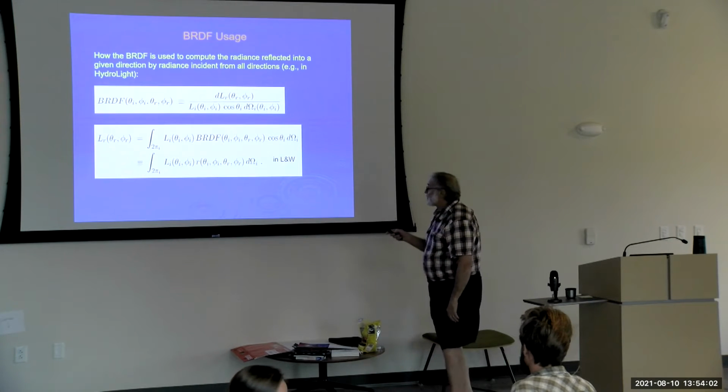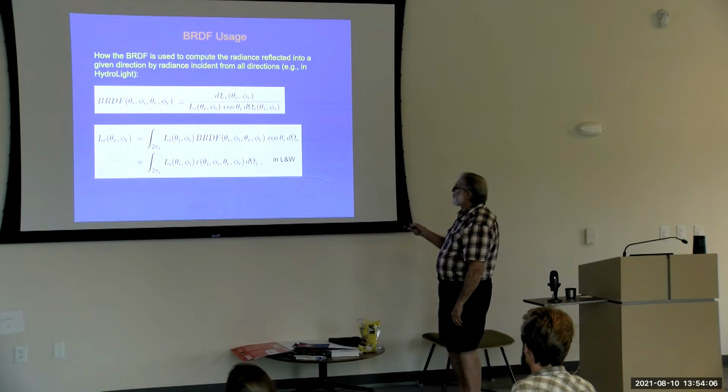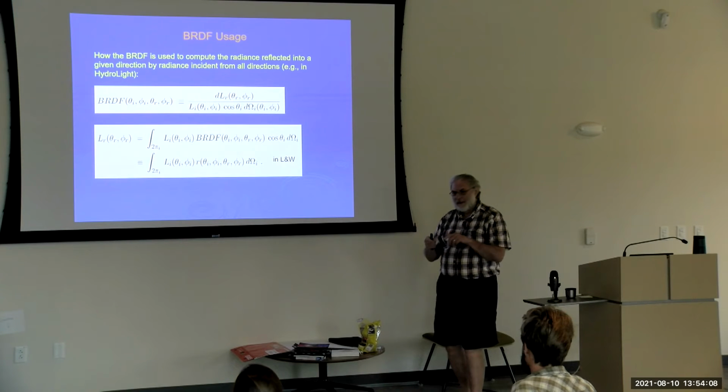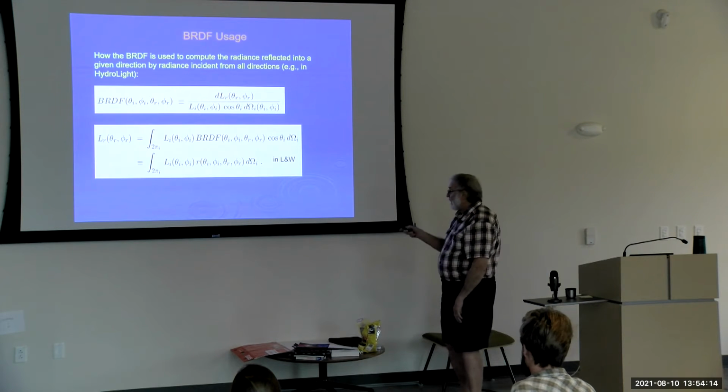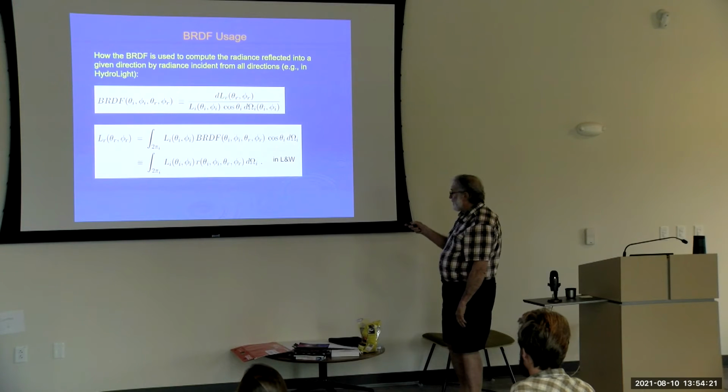Now, the way this gets used in radiative transfer theory, here's our definition. So if I give you the BRDF of the surface, how much radiance is this surface going to reflect? Well, I go back to the definition. I multiply through by this, and I integrate over all of the incident directions.